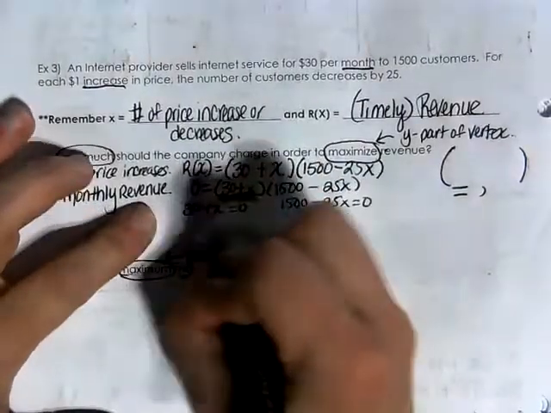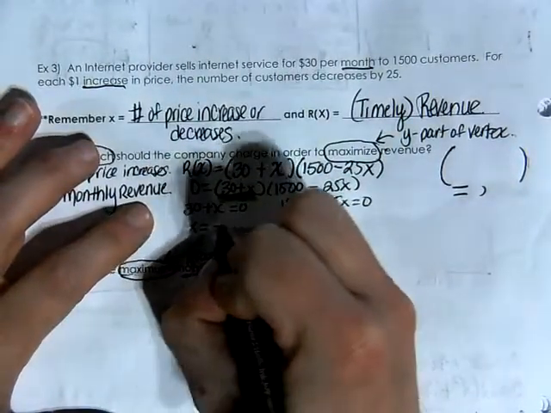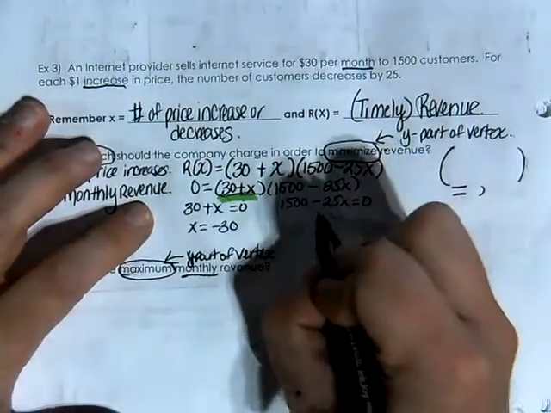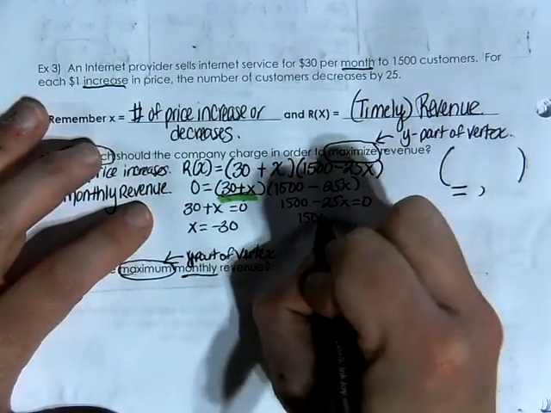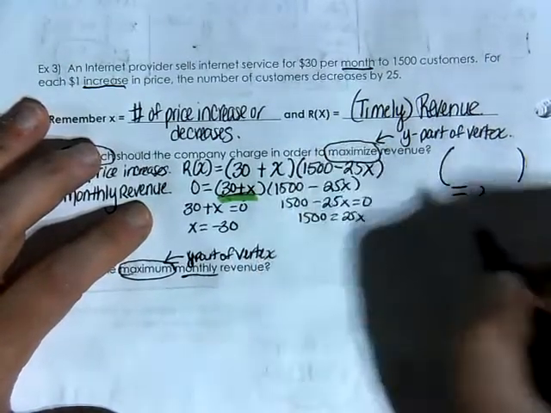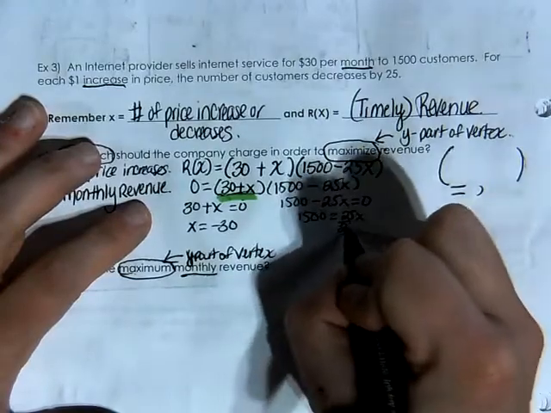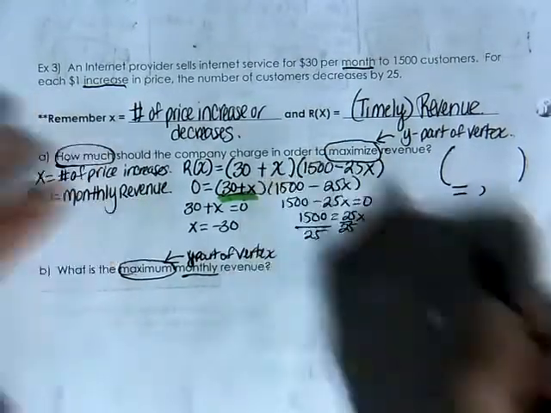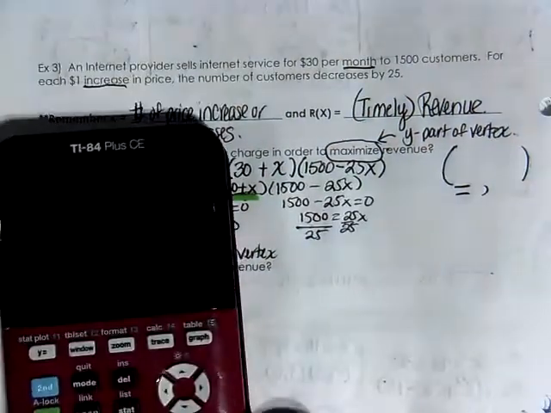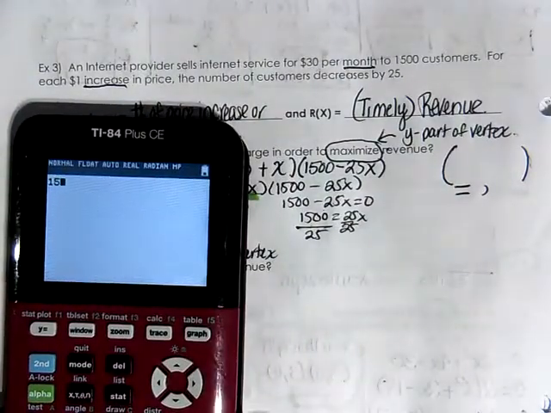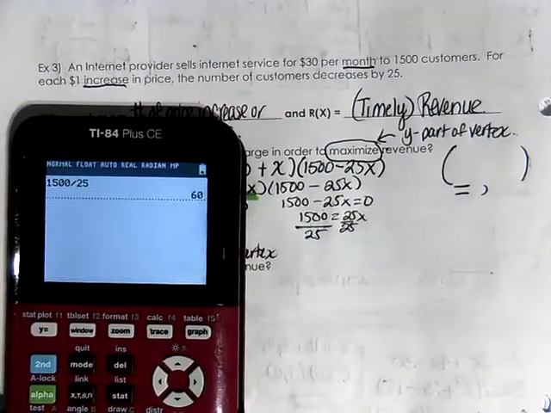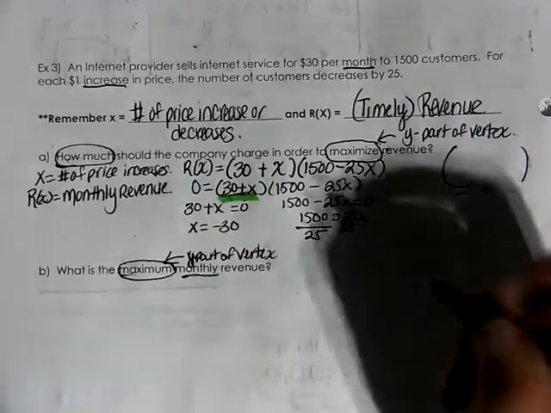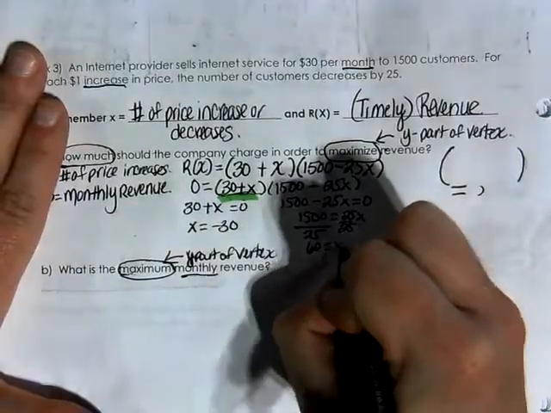I'm going to subtract 30 on both sides, and we end up with x equals negative 30. Over here, I'm going to add 25x, so we end up with 1,500 equals 25x. Dividing both sides by 25. This is where you would probably want to use a calculator. 1,500 divided by 25, that is 60. So we find that 60 is equal to x.